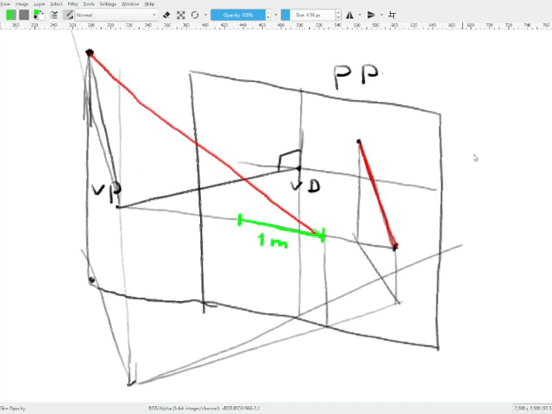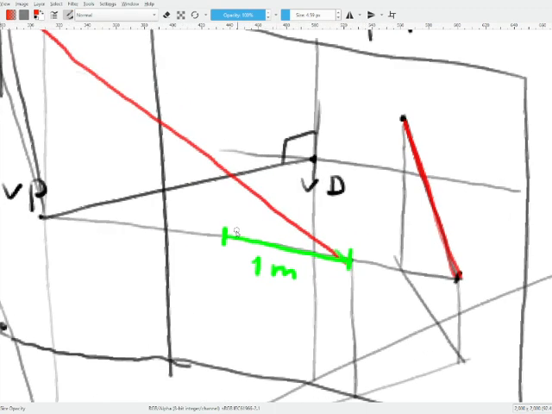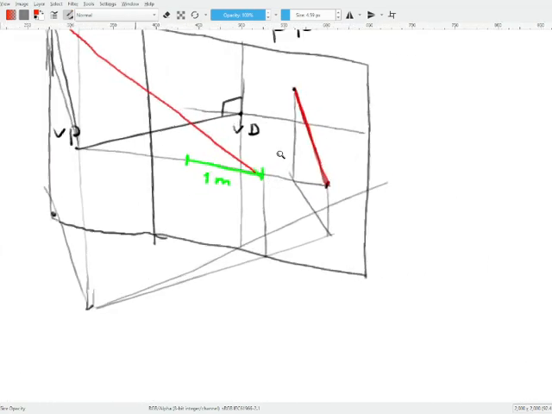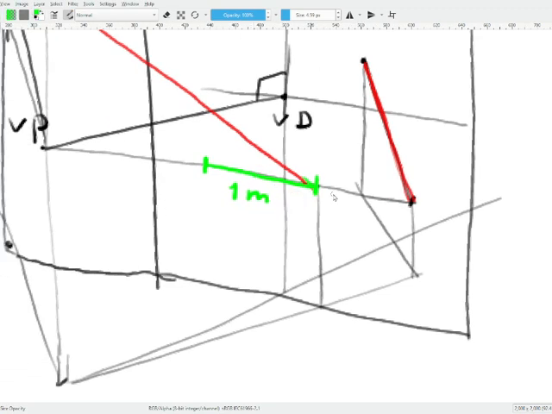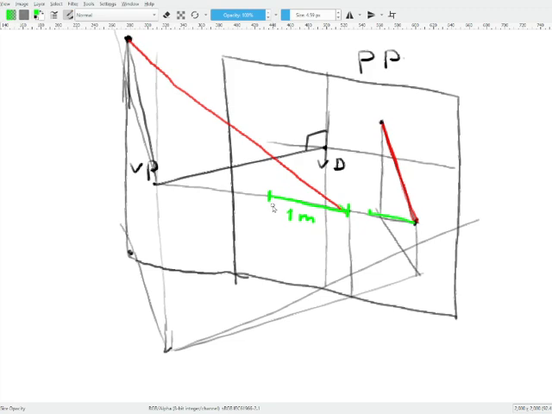And we want to use our construction, view direction, and picture plane to estimate and draw where exactly 1 meter will be placed in perspective. So we can move this 1 meter back to the image, to the world space. Let's say that it's somewhere there. Well, we can draw it more precisely, of course.